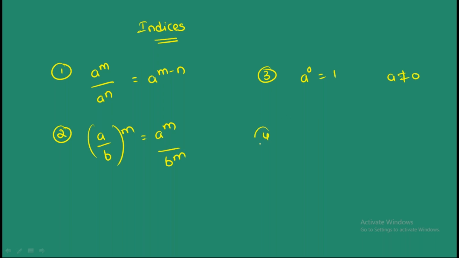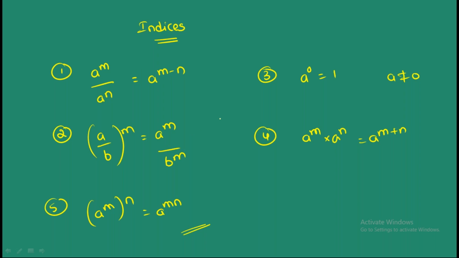We know a power m into a power n is a power m plus n. (a power m) whole power n is a power mn, right? So these are the basic things which you people already know in this indices concept.